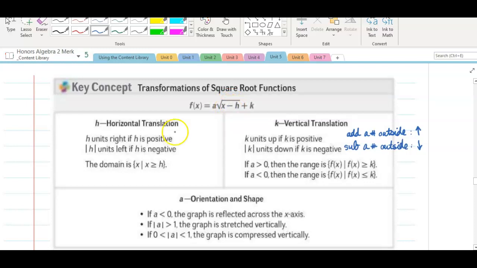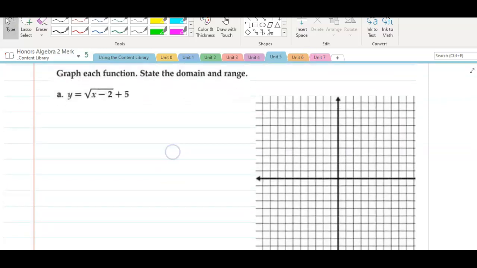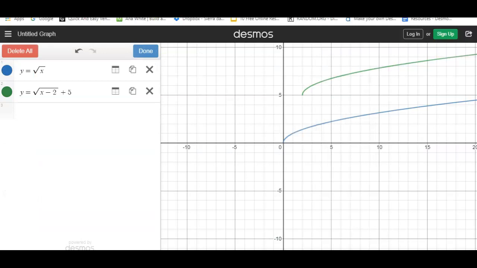So I like to say that when we have x plus a number, we go left. When you see x take away a number, we're going to go right that many units.